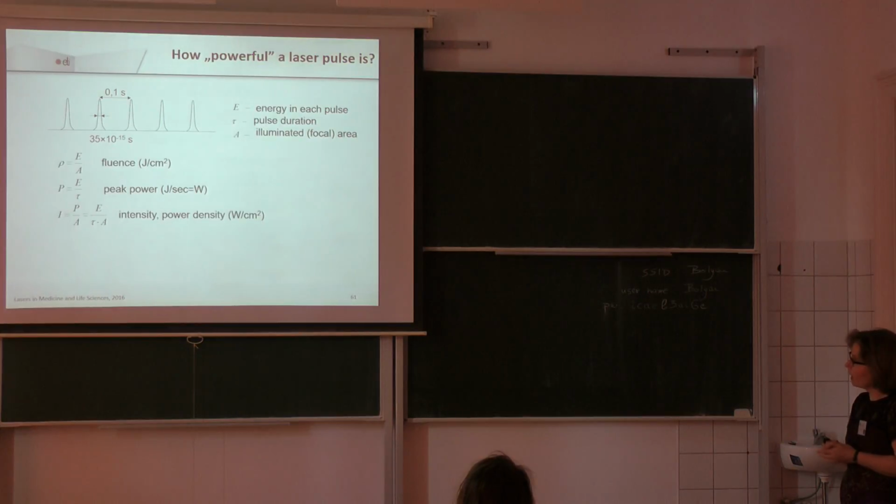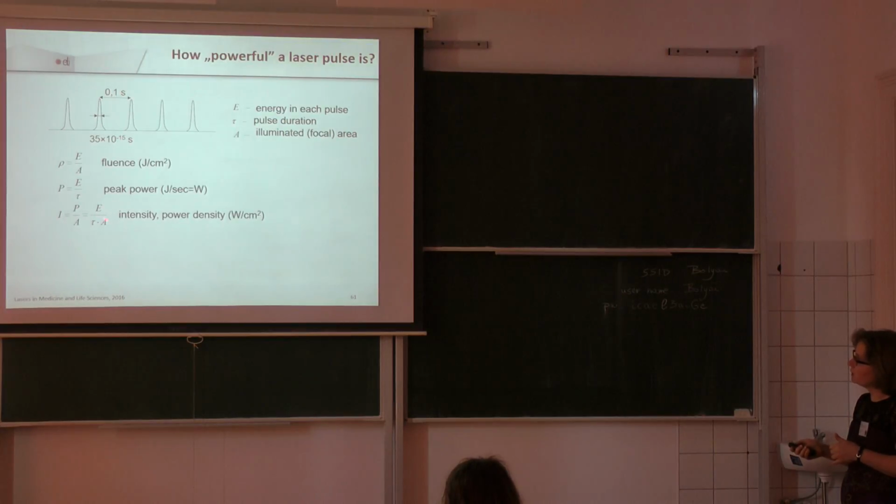I can describe the concentration of energy either with fluence, when I just take the energy and divide it by the cross-section of the beam, or I can look at the power of the light, which is another dimension in which I'm concentrating my light energy, taking the energy and dividing it by the duration of the pulse. So this is spatial concentration, this is temporal concentration of light energy.